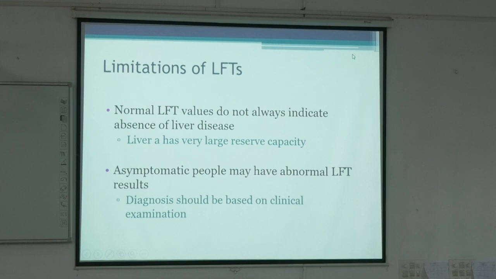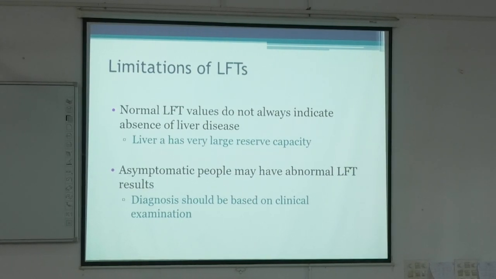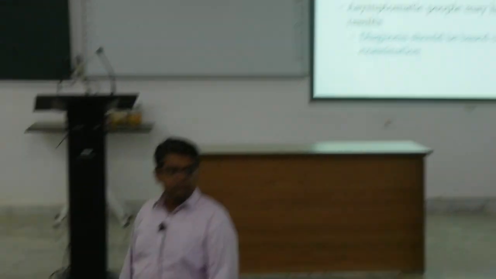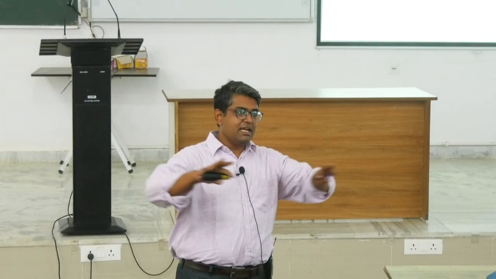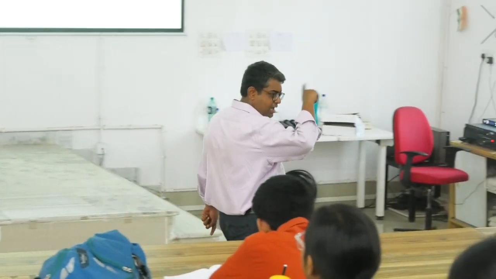Asymptomatic people may have abnormal results, with no symptoms. Albumin normal. Total albumin and globulin.